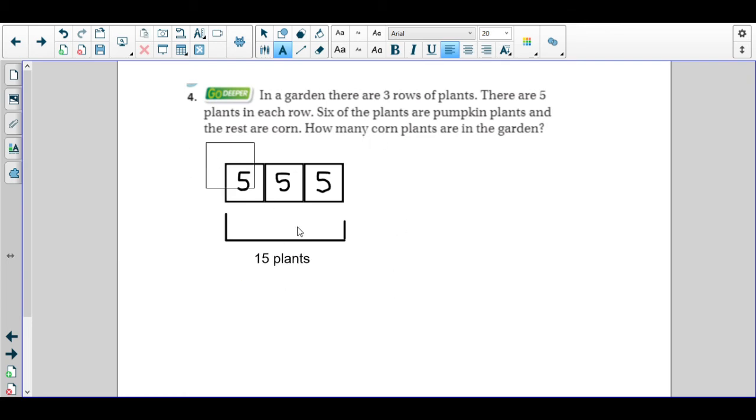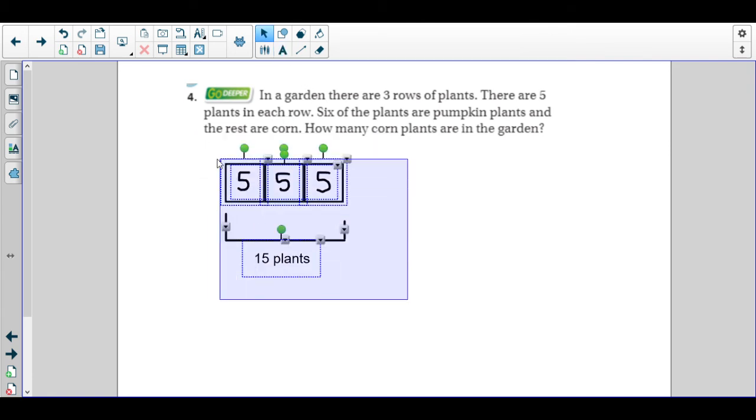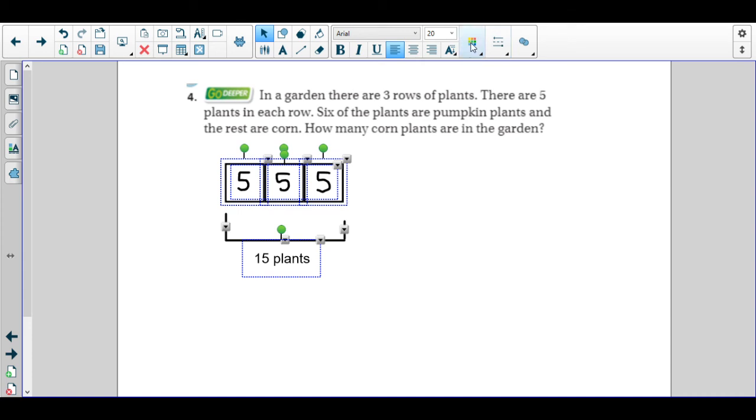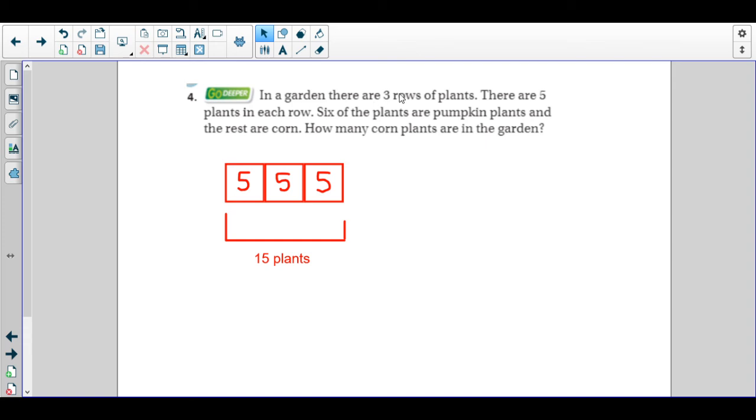But we need to figure out, we have some problems right here. We don't want any fill color there. We'll go red and red. Okay, so right here, 3 rows of plants, 5 plants in each row.